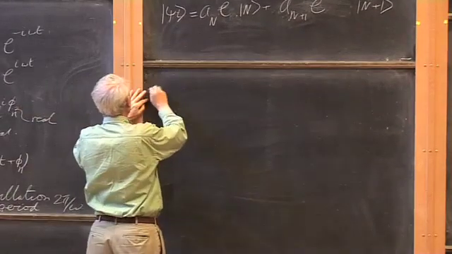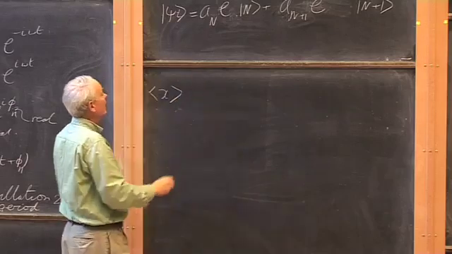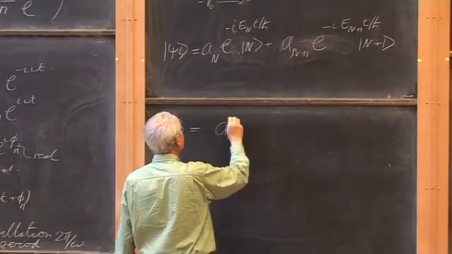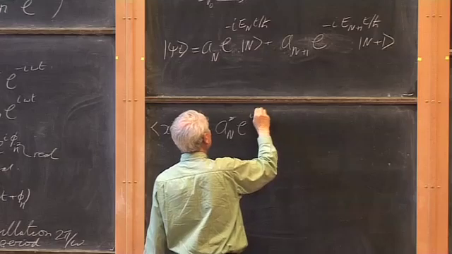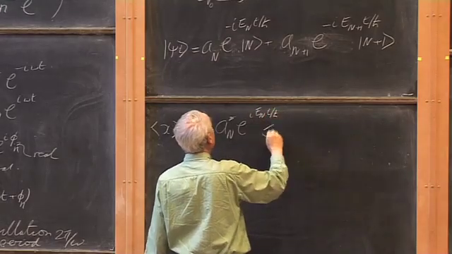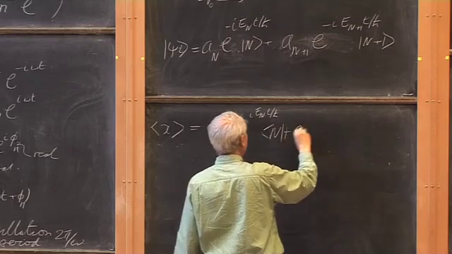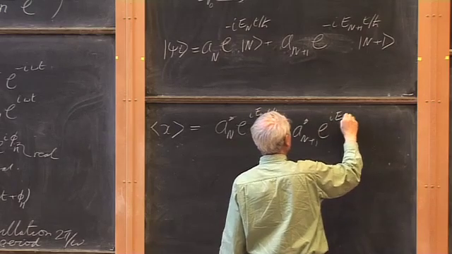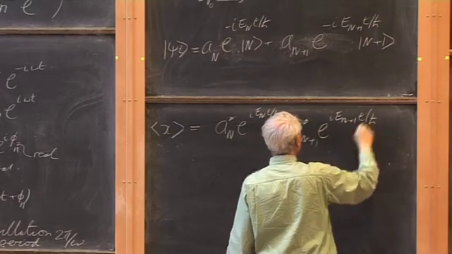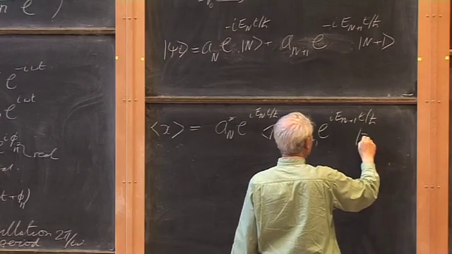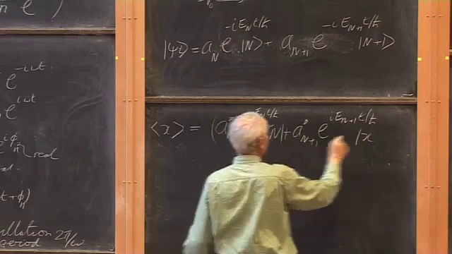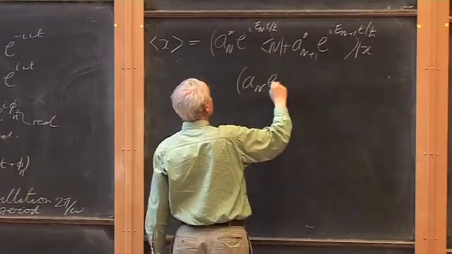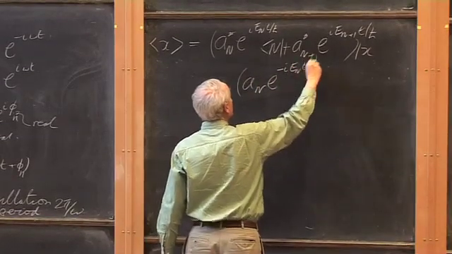If we now work out what the expectation value of x is for this special case, we find that it is a_n star e to the i E_n t on h bar <n|, plus a_{n+1} star e to the i E_{n+1} t on h bar <n+1|, then x, and then the same stuff on the other side, a_n e to the minus i E_n t on h bar.